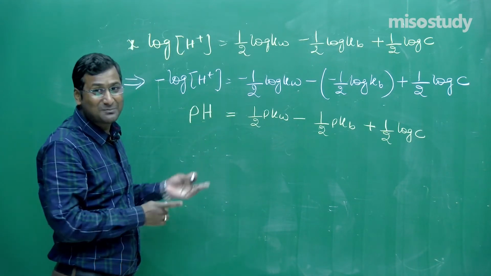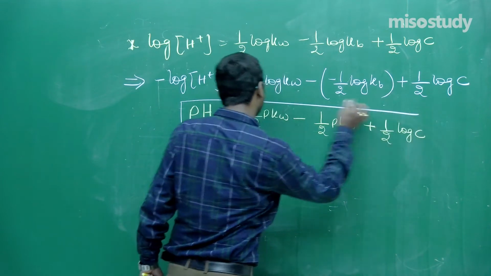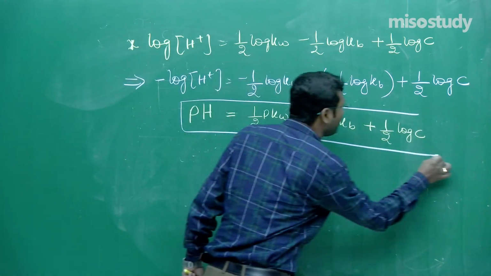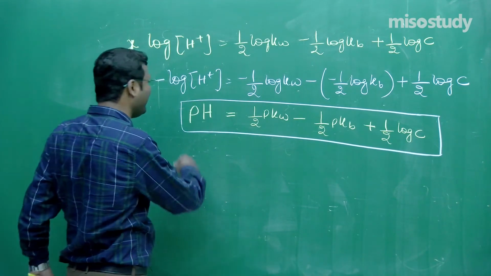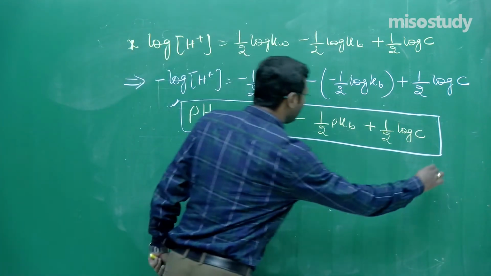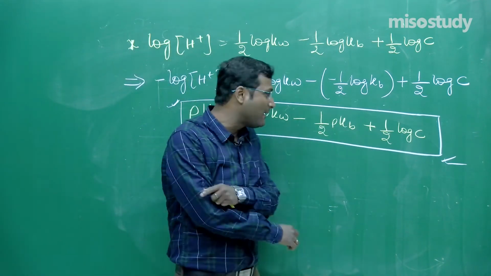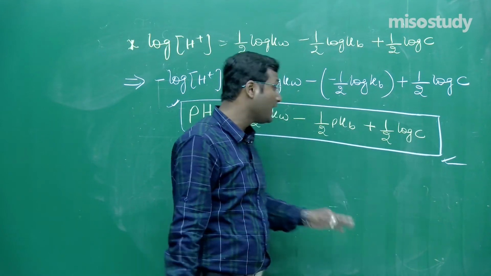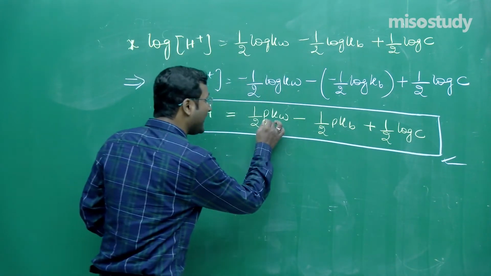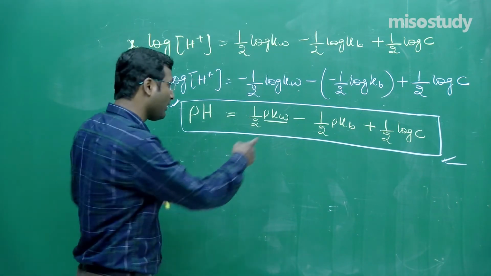Here comes the expression: pH is equal to 1 by 2 pKw minus 1 by 2 pKb plus 1 by 2 log C. C is concentration. Now remember one thing: in the case of water, the value of pKw is 14. Now put this value.